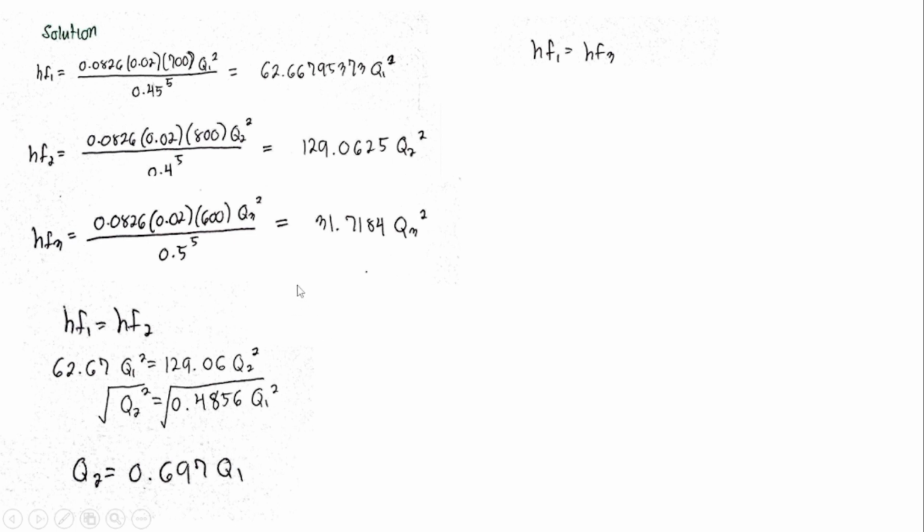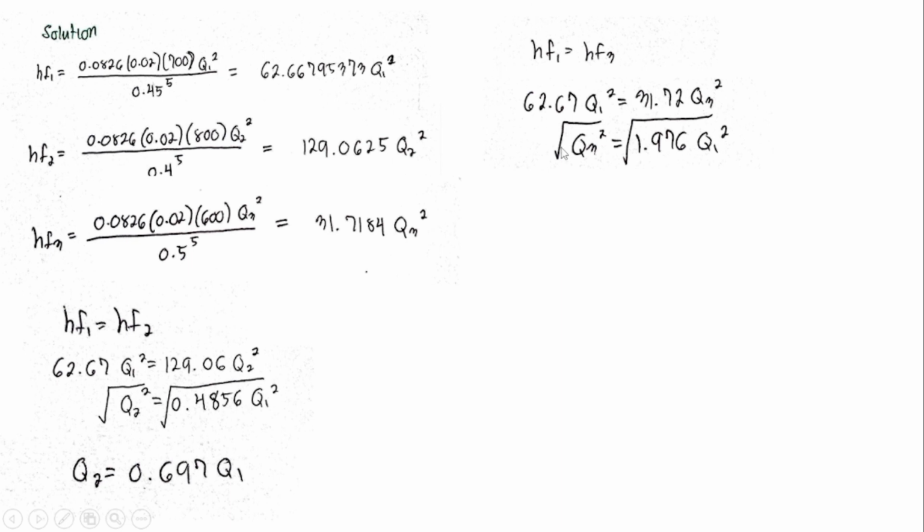So since we are going to solve for the discharge Q1, we also need to find the discharge Q3 in terms of Q1. So we also need to equate the major head loss in pipe 1 and the major head loss in pipe 3. So 62.67 Q1 squared is equal to 31.72 Q3 squared.